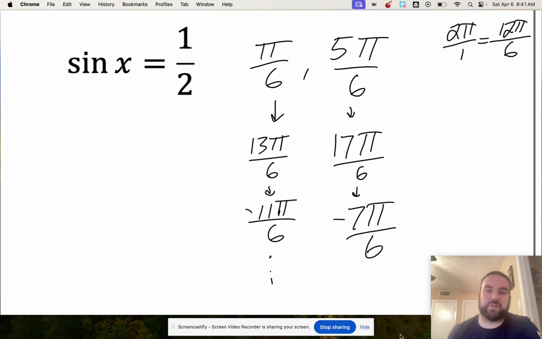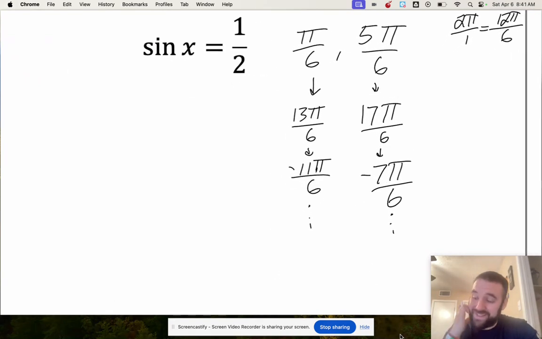So what I'm essentially doing is adding or subtracting 12 pi to the numerator. There is technically an infinite number of correct answers for this, but it's not all numbers, right? It's just an infinite list of very specific numbers which have a sine value of 1/2.